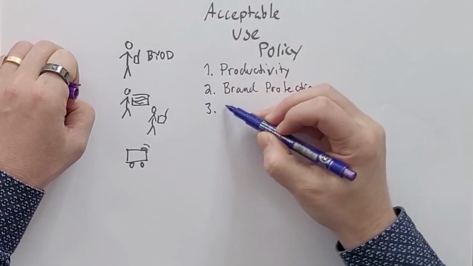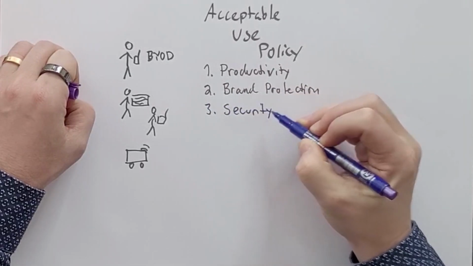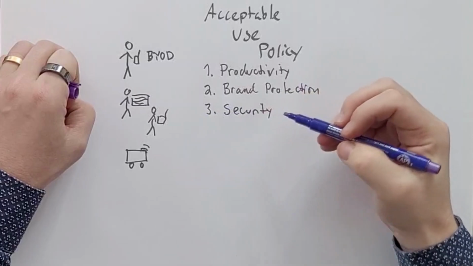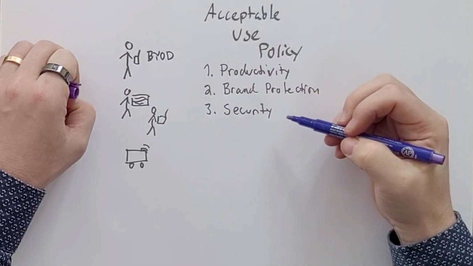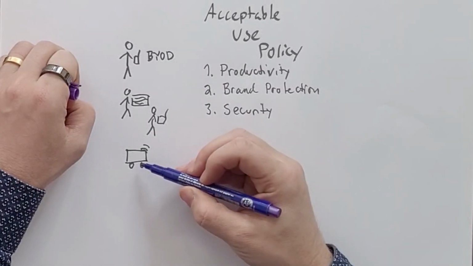There could be security reasons why you want to manage your employees' traffic. Maybe they're exposing themselves to unnecessary risks by using apps they shouldn't be. And that's especially true for equipment, where if equipment gets infected by malware, that has a particular security concern.